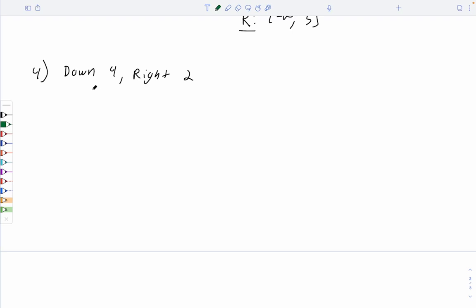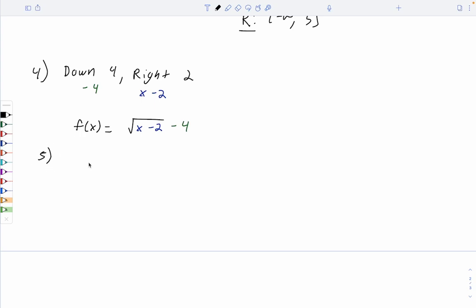Down 4 would be our k value of -4. Right 2 would be that h value of x minus 2. So a square root equation that has these transformations would be f of x equals, the a value is just going to be the normal 1, and then square root, the right 2 would put an x minus 2 inside, and a down 4 would put a -4 at the end. And we're done. So we've written a square root equation that has the given transformations.